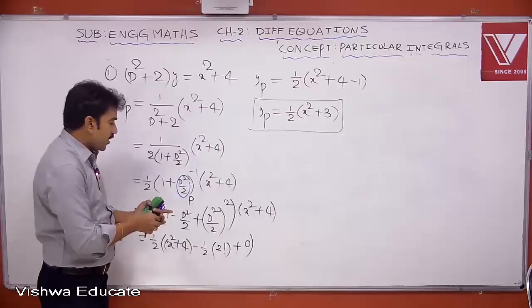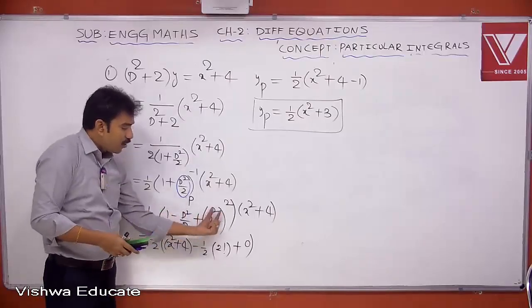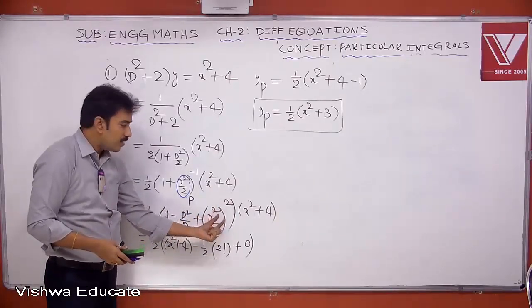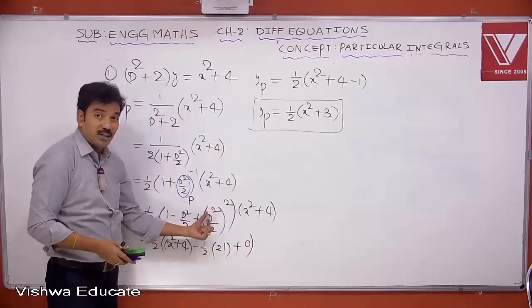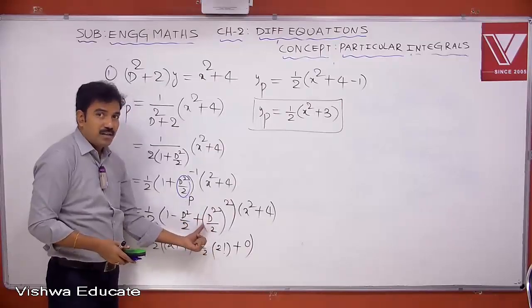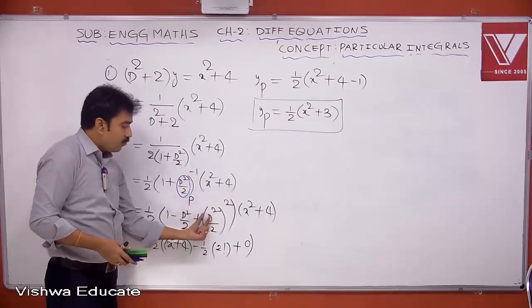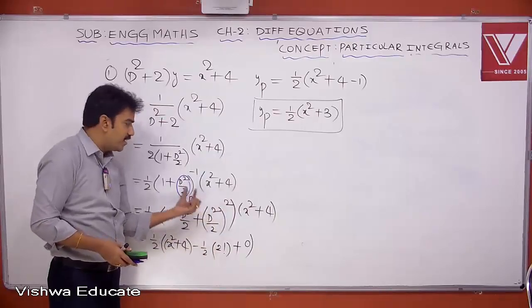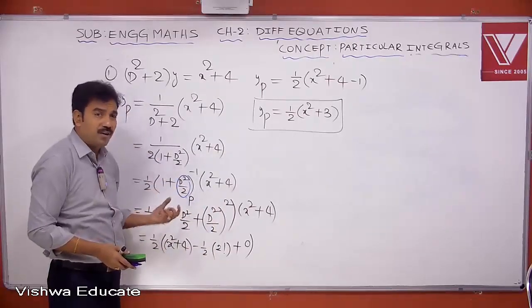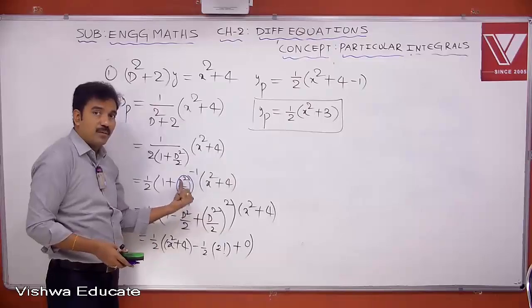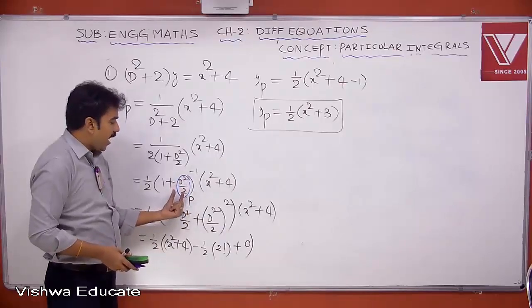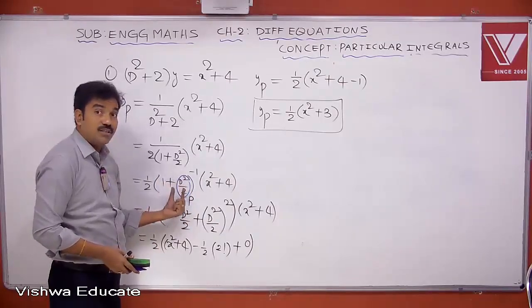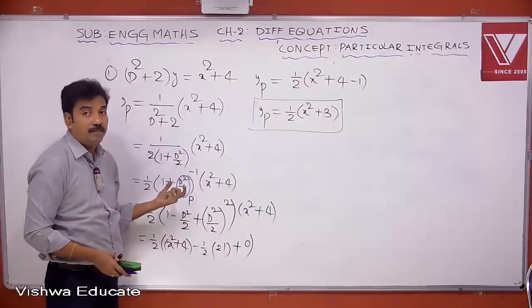Okay, you may ask me why we have gone up to D power 4, because here D is not D, actually it is D square by 2. So in the future when some more terms join with us, it is better to expand up to D power k. Here D is not a simple D, it is D square by 2. So earlier I mentioned to apply a suitable series expansion up to D power k.